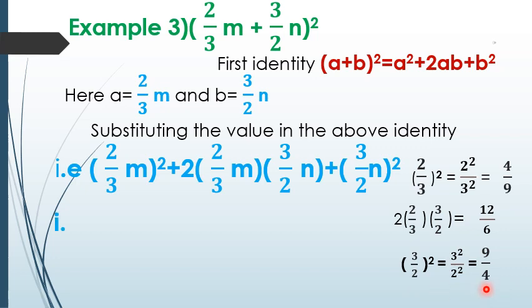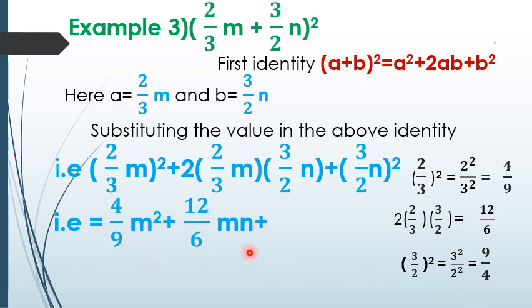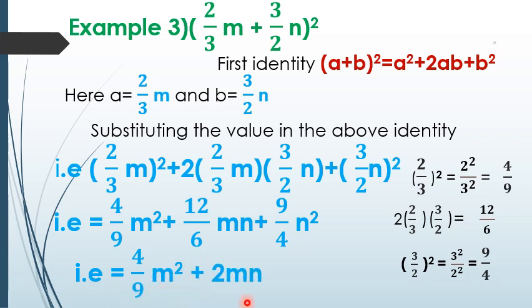That is 4 by 9m square plus 12 by 6mn plus 9 by 4n square. Simplifying the middle term, here we can divide 12 by 6mn, that is 2mn. That is equal to 4 by 9m square plus 2mn plus 9 by 4n square, which is the answer.